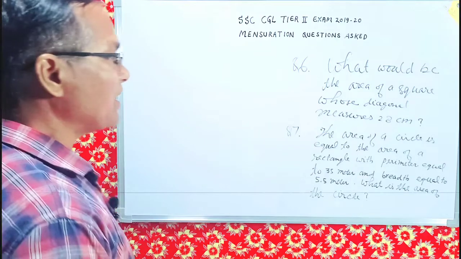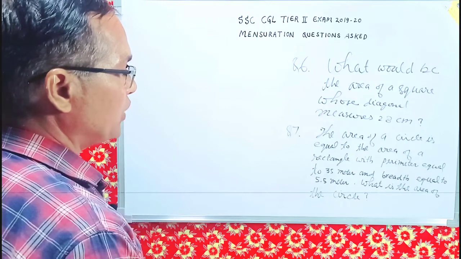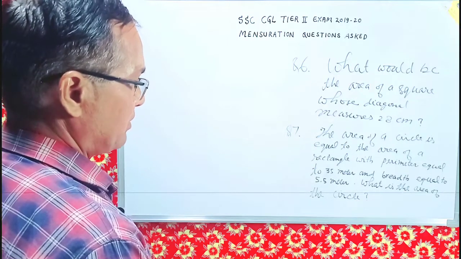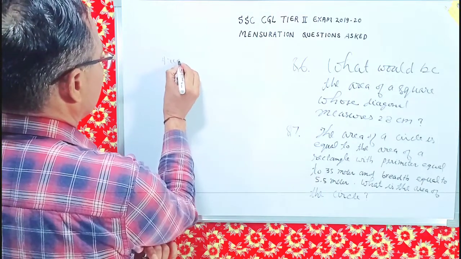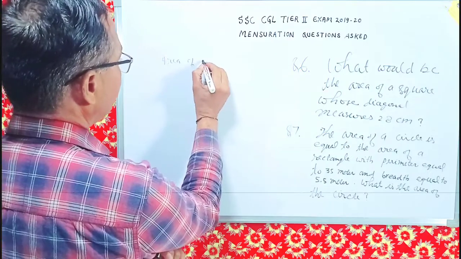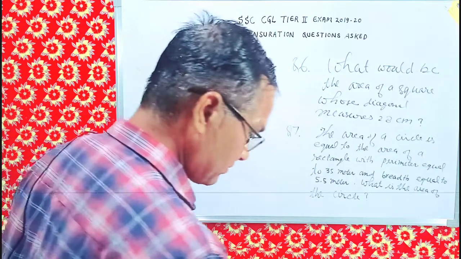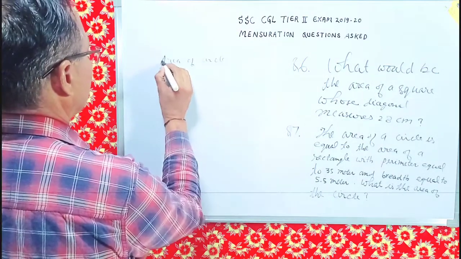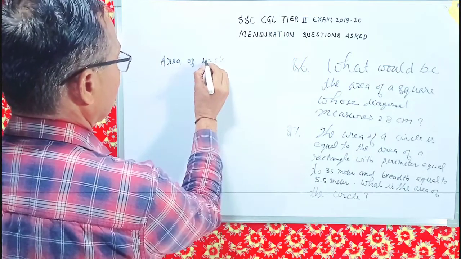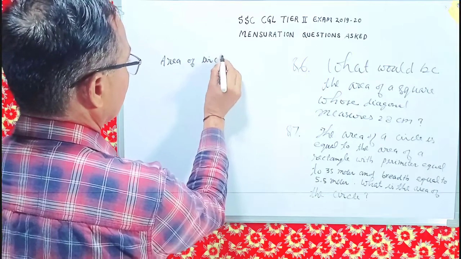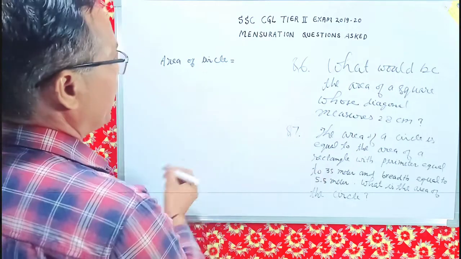The area of a circle is equal to the area of a rectangle with perimeter equal to 35 meter. Area of circle is equal to area of a rectangle.